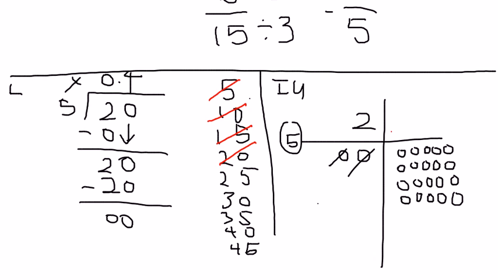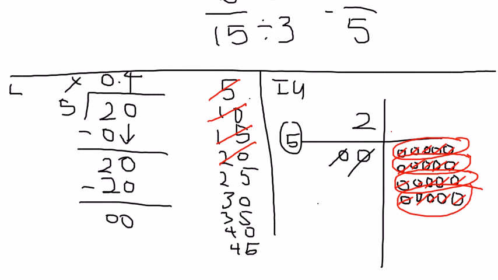Now I have done transferring. So let's start to circle them. 1, 2, 3, 4, 5. One group. 1, 2, 3, 4, 5. Another group. Another group. Another group. Let's count how many there are.